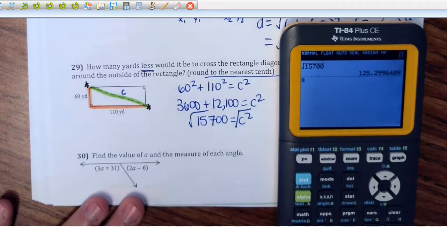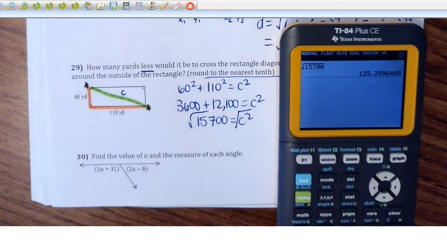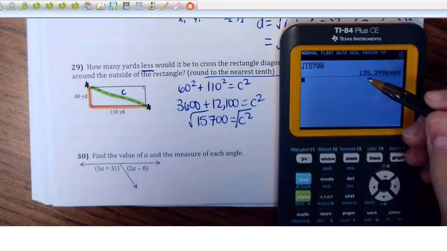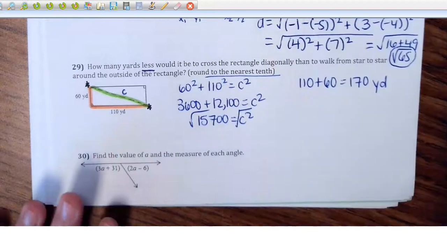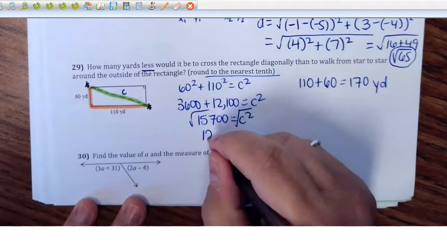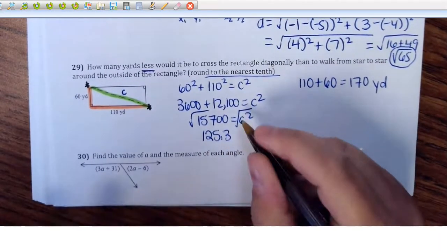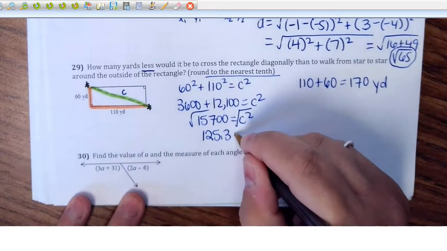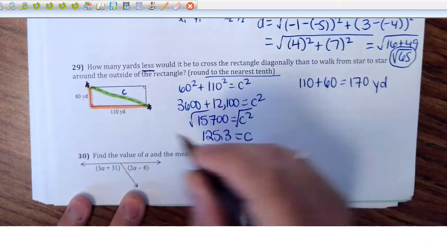And hopefully you guys can see that okay. Actually, this 0.99 would actually round up to 125.3. So 125.3 to the nearest tenth there, which is going to give us that diagonal distance.